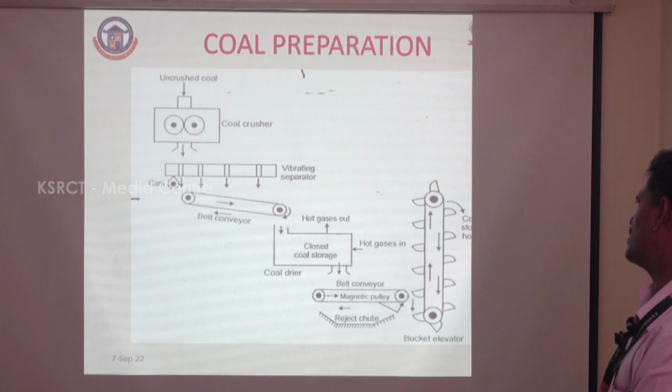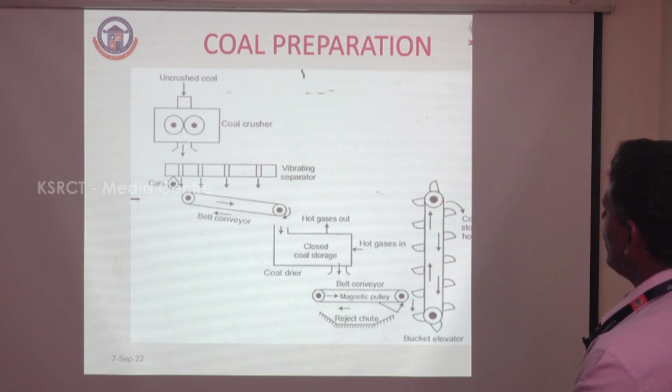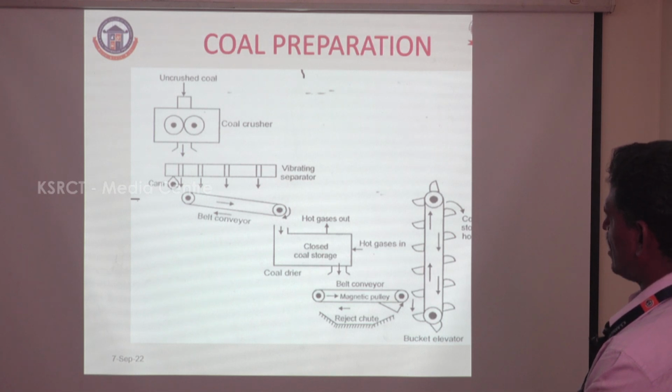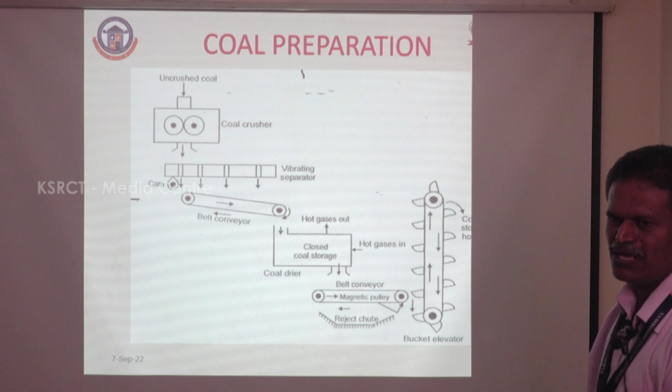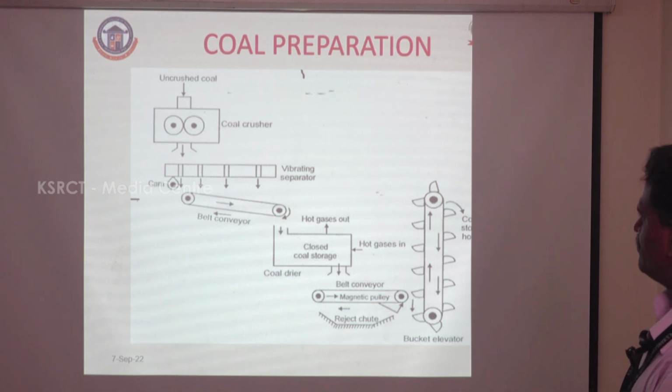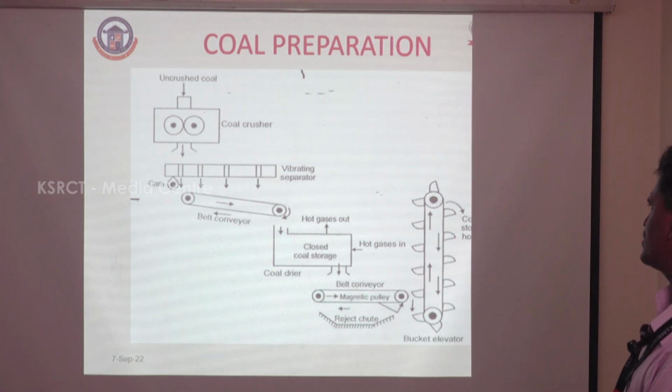So the coal is sent into the uncrushed coal stage. That means large, non-uniform-size coal passes into the uncrushed coal stage. Now the uncrushed coal is sent into the coal crusher unit, where the coal is split into small size and powder form.